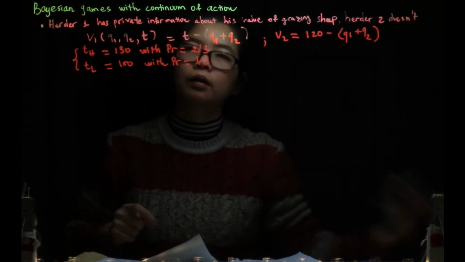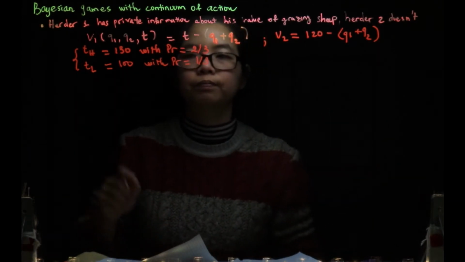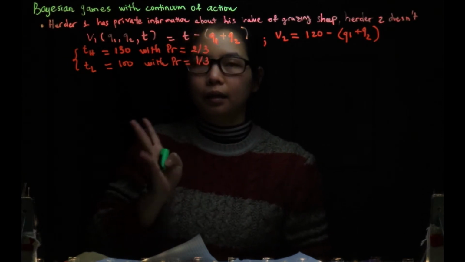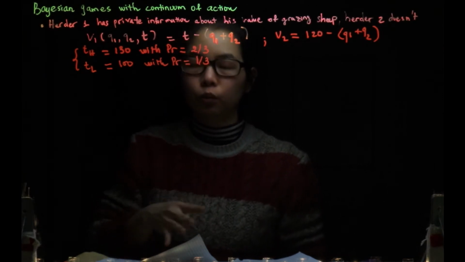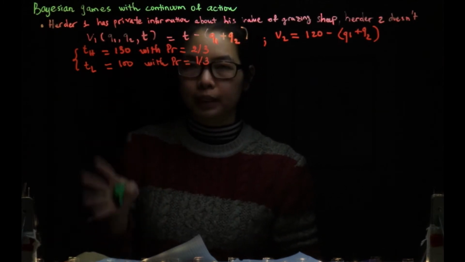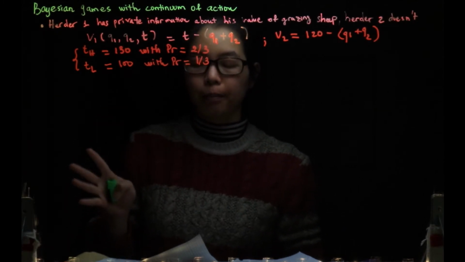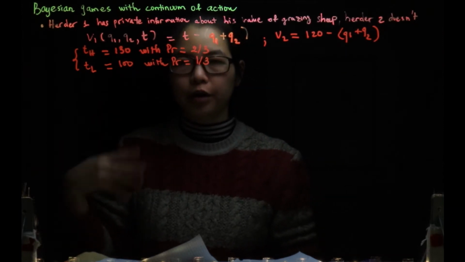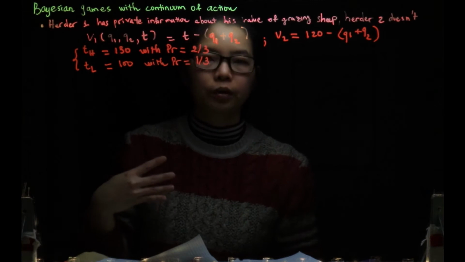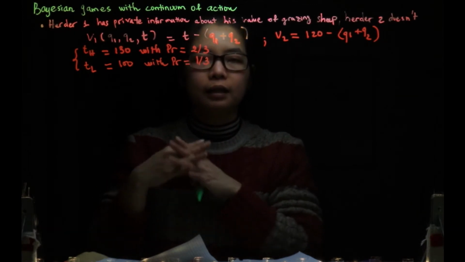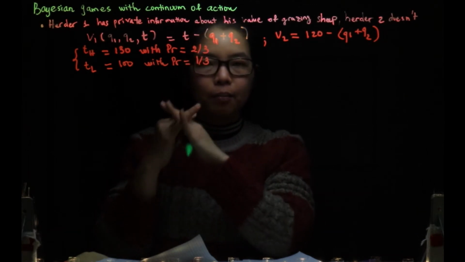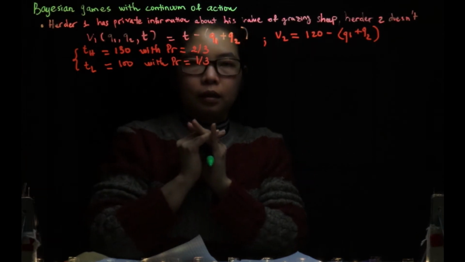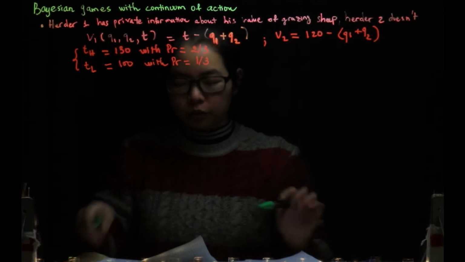Now, what would we do? We apply a similar idea to the original continuum of action game that we had before. We try to maximize the payoff, the value that each herder will get, and at the end see where they intersect each other in order to find the Bayesian equilibrium.